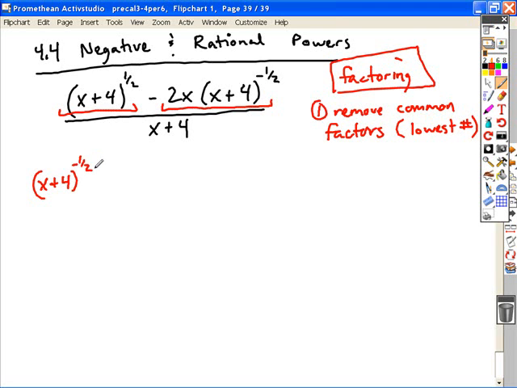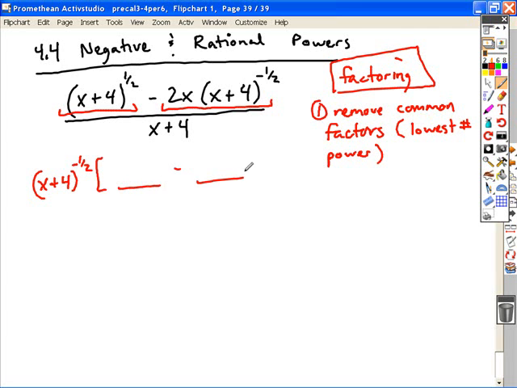You take out your common factor. Whatever the lowest number is, that's your power. Once you take all the common bases out that you can, in this case this is the only common base between these two.